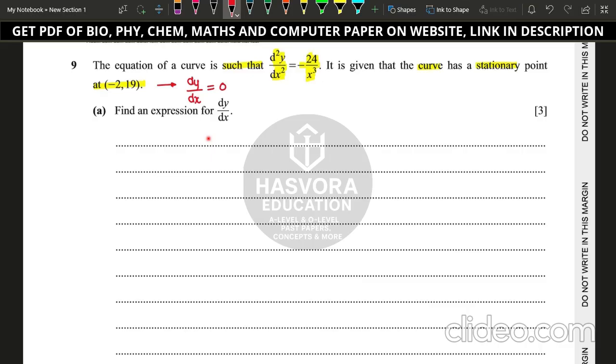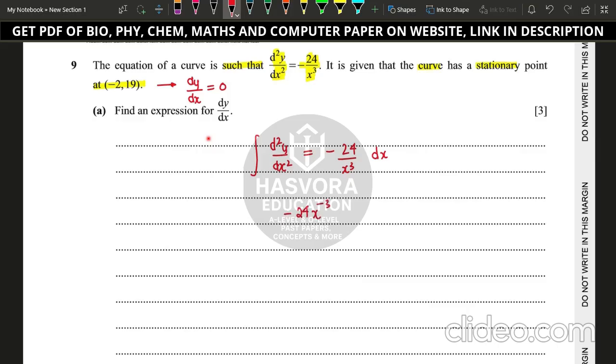So for dy by dx, I have to first of all integrate the double derivative. So I integrate minus 24 divided by x cubed with respect to dx. Let's first shift the x cubed to the numerator: it becomes minus 24 x to the power minus 3.